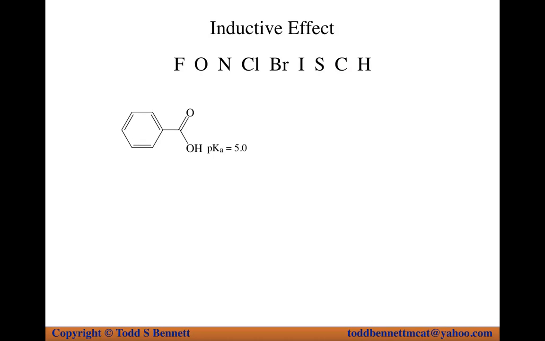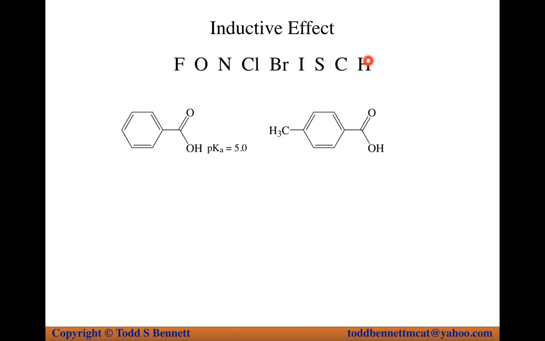So we do this by looking again at structures that can share electron density. But in this case, instead of doing resonance through the pi system, I'm going to compare what happens when I have a substituent on here. So CH3, this substituent has no lone pair, so it can't be donating by resonance, has no pi bond, so it can't be withdrawing, so it can only do it by the inductive effect.